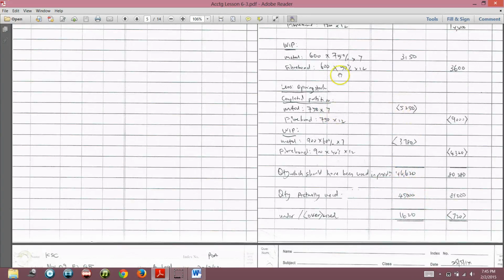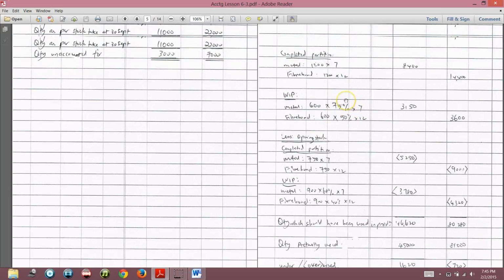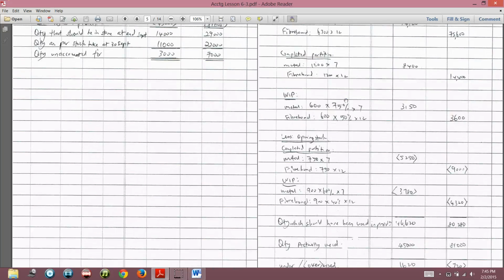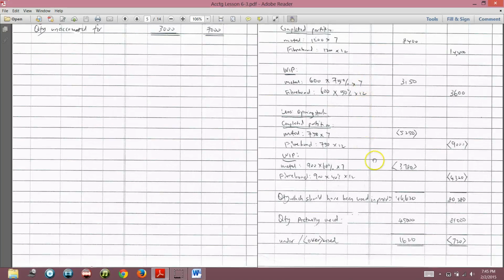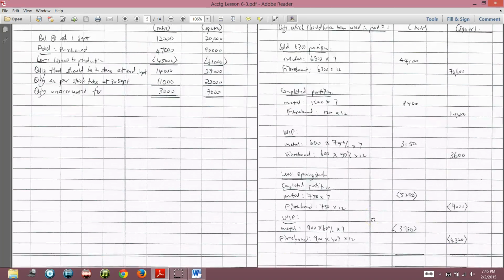If you base it on 7 meters usage for one partition, the quantity that should have been used in production is 46,620, but the quantity actually used is 45,000. So that means this 45,000 is the quantity actually used in production for metal.